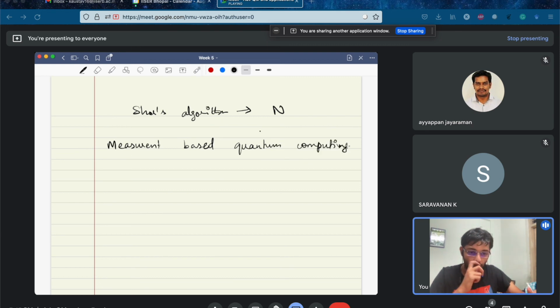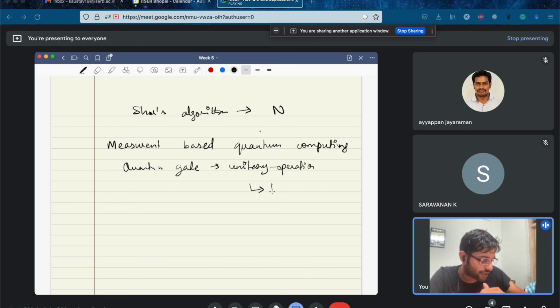Till now, when you have these quantum gates or unitary operators, this is traditional quantum computing, which has been going on for the past few decades.